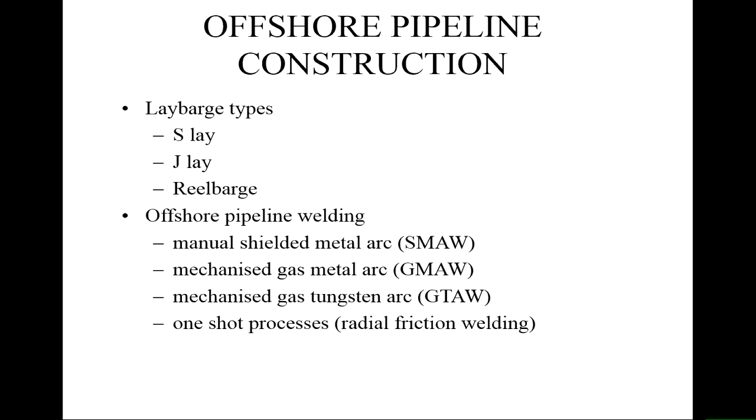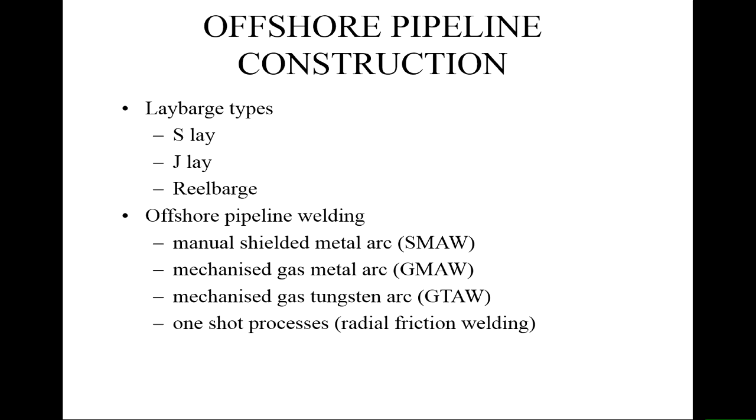So we're going to talk a bit about lay barges because that's where the welding takes place. S-lay, J-lay and reel barges. And we'll talk a bit about offshore pipeline welding, and basically the processes are the same. We've got manual shielded metal arc welding, we've got mechanised gas metal arc welding, mechanised gas tungsten arc welding.